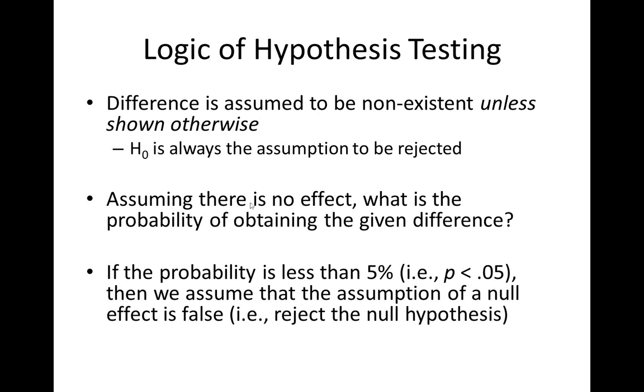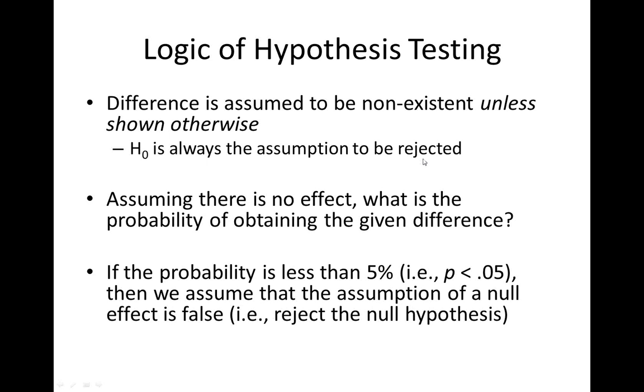So if there is this assumption of no effect, what is the probability of obtaining the difference that your data are demonstrating? And the logic is that if that probability is less than 5%, then the assumption that there's no effect is no longer tenable, basically.